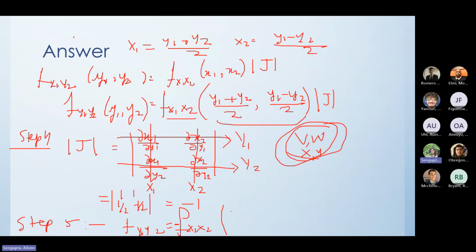Write the big expression that you have, with x1 and x2 being y1 plus y2 over 2 and y1 minus y2 over 2. So this is the final expression. You don't have to solve it. Sometimes you want to play around with it, but it doesn't matter. Once you get step 5, you're going to get the full points.